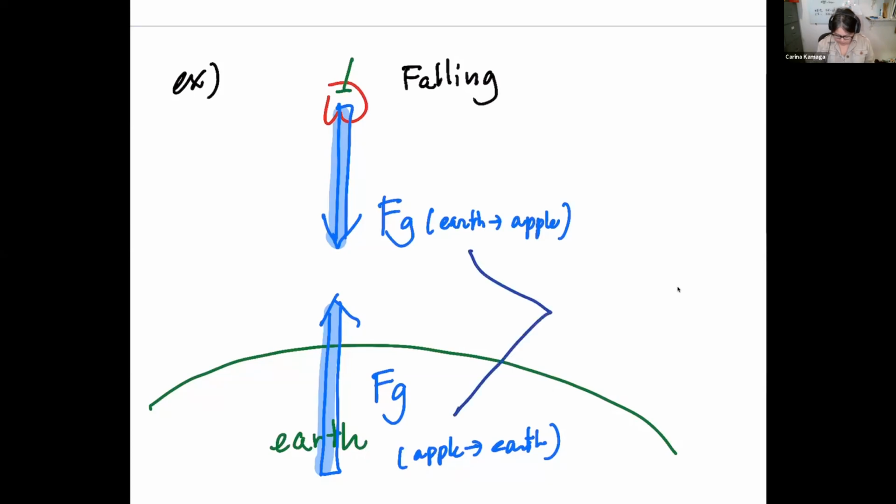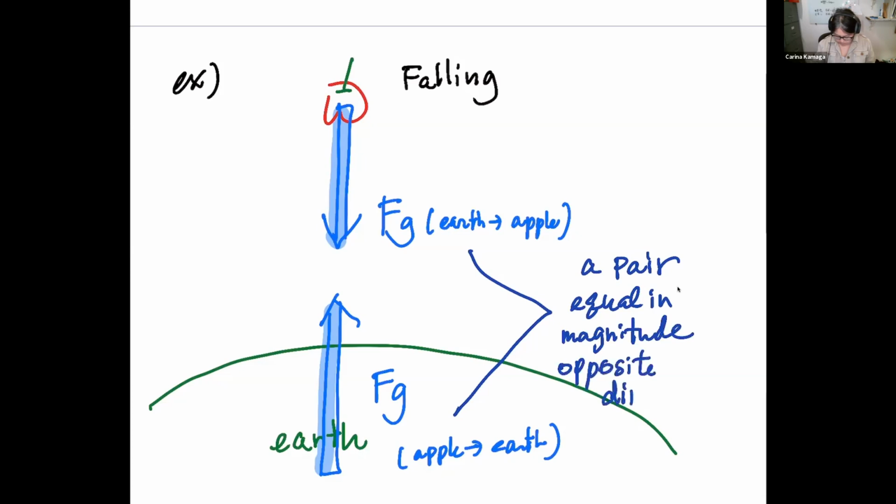These two are a pair, equal in magnitude, opposite in direction. Even the gravitational force, a non-contact force, always has another pair that's equal in magnitude in the opposite direction. That's what Newton's third law is. Force always comes in pairs, and that pair is equal in magnitude and opposite in direction.